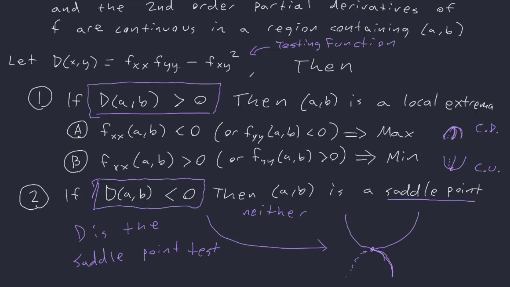However, if they have different signs, this will be negative, and because the other term is squared, we're always subtracting something that's positive or 0. If these have opposite signs, this whole thing is definitely going to be negative. So this is basically checking: do f sub xx and f sub yy have the same sign?